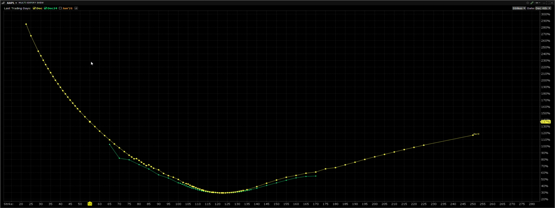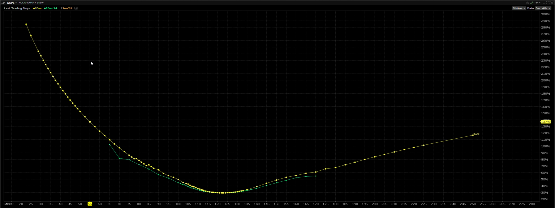Really, the thing that looking at the term structure is most useful in is setting up calendars, calendar puts, calendar calls, or some type of diagonal, because just the basic premise of a calendar is you're using different expirations. So if you can sell, in a true calendar, not diagonal, you're selling and buying the same strike price.